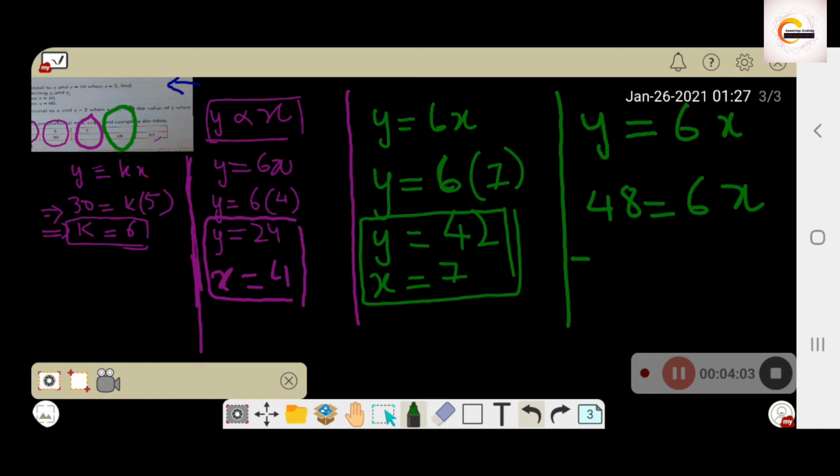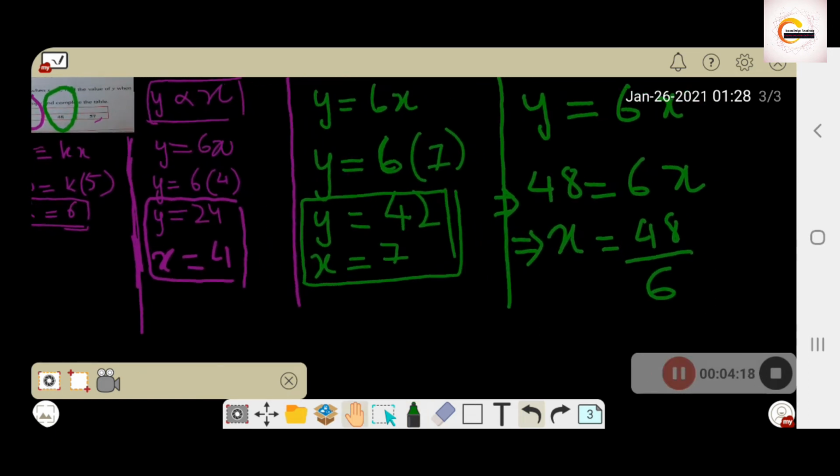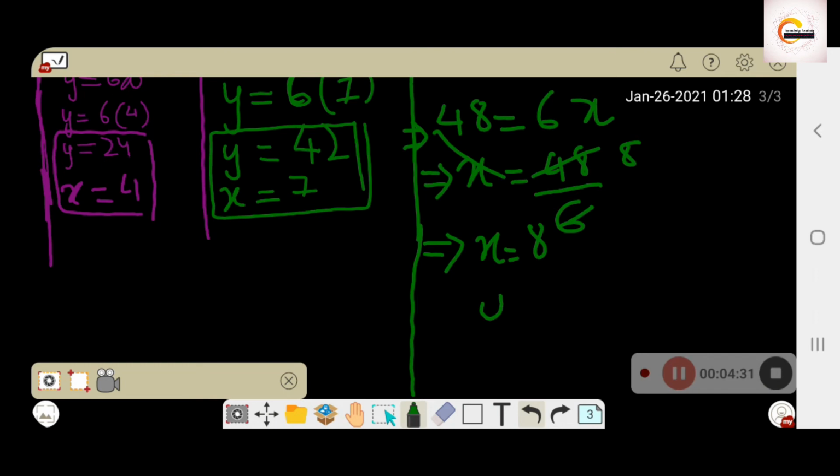I'm doing it directly, and I hope that everyone knows how to solve this. x is equal to 48 divided by 6. x is equal to 8. So x is equal to 8, then y is equal to 48.